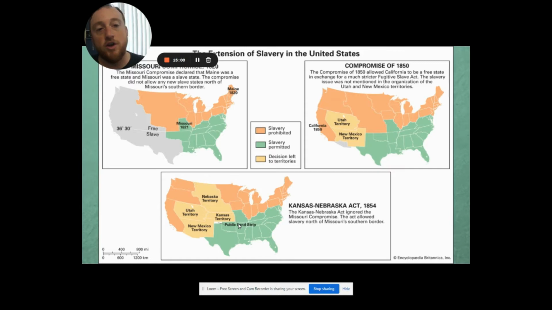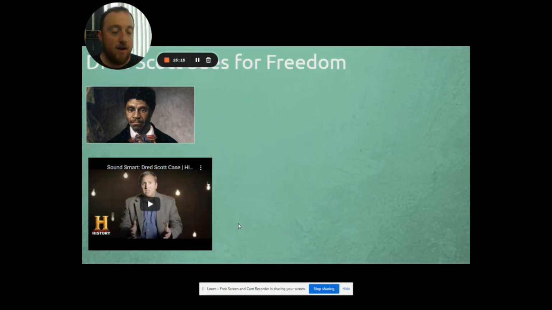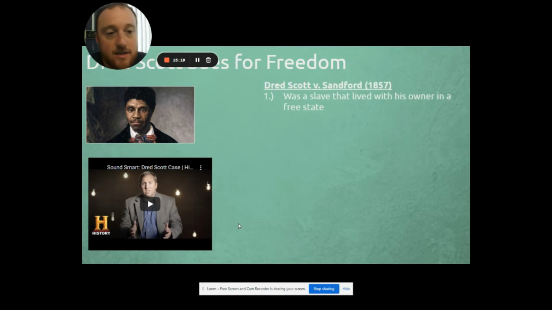This is a really good couple of maps to show you the progress we had going to the West, having all these new territories and determining if slavery would be allowed or not. All right, our next thing that we're going to talk about is Dred Scott.